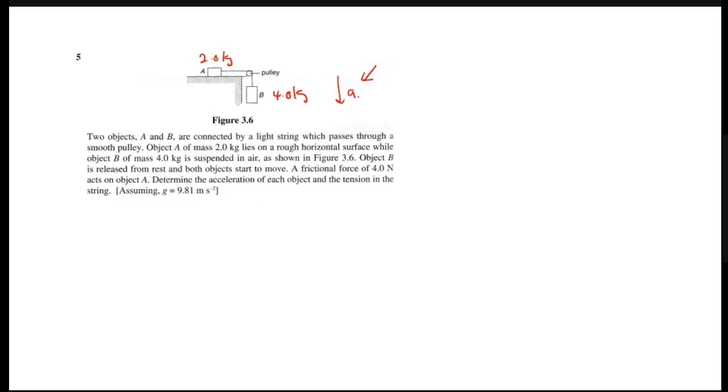So A will be going to the right and B will be going downwards, and B will be pulling A. In the middle there is tension, one tension here and one tension here. The T at the top and the T at the bottom have the same magnitude.